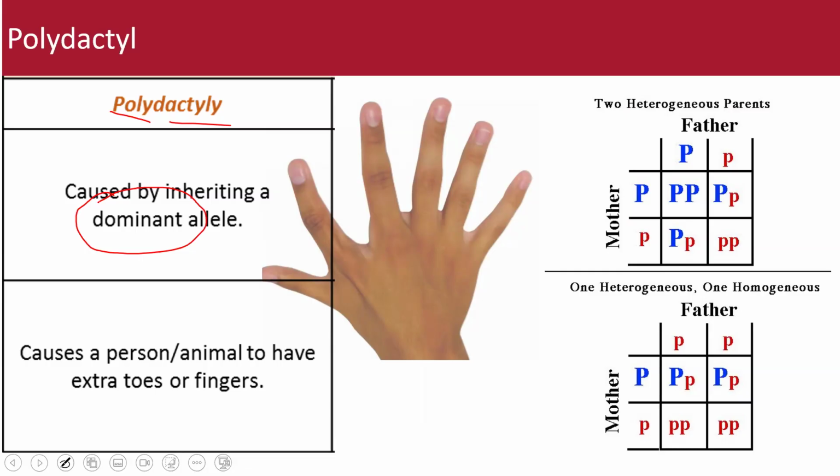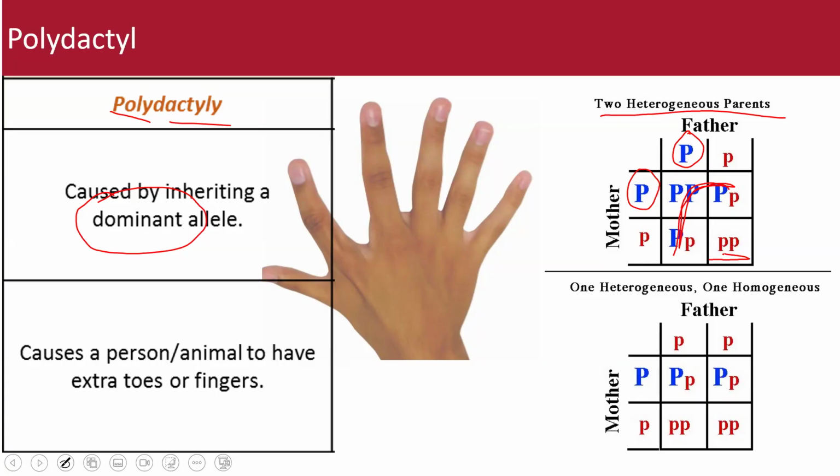So looking over on the right hand side here, I've got 2 Punnett squares. 2 heterozygous parents. Because dad has got the big P and mum has also got the big P, that means they've both got 6 fingers. When they reproduce, 75% are going to have 6 fingers. The little p will be the weird one in the family because they will have 5 fingers on each hand.